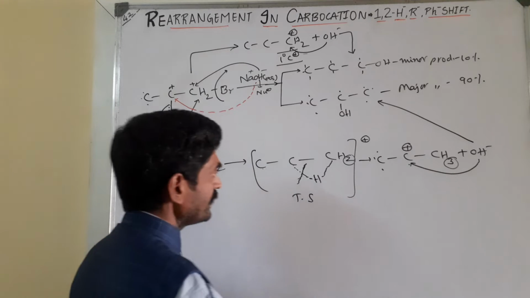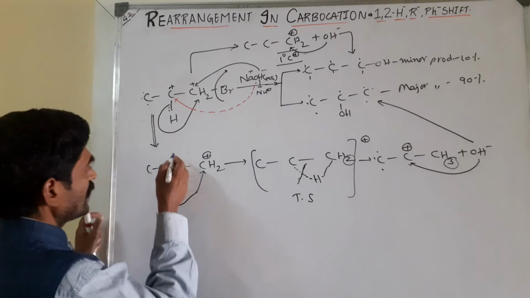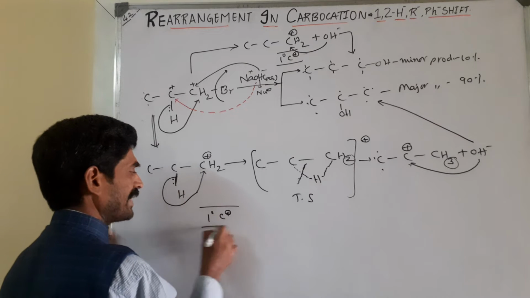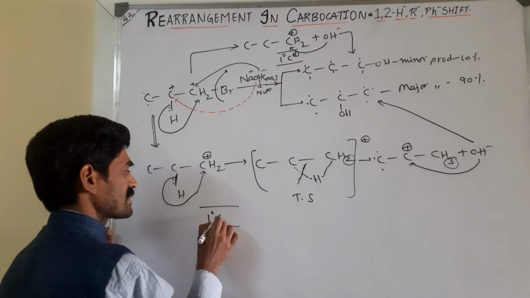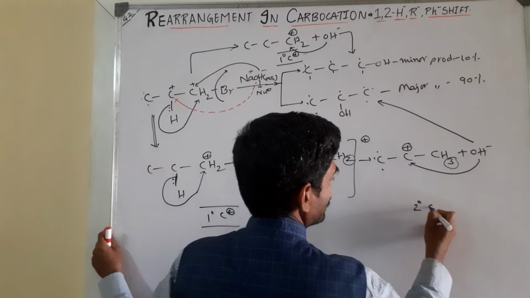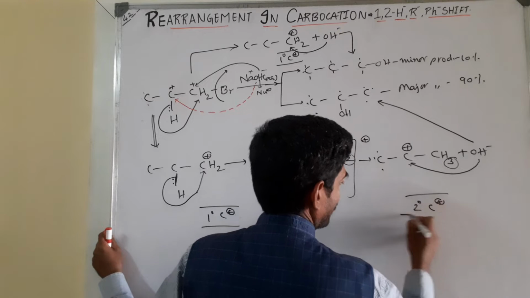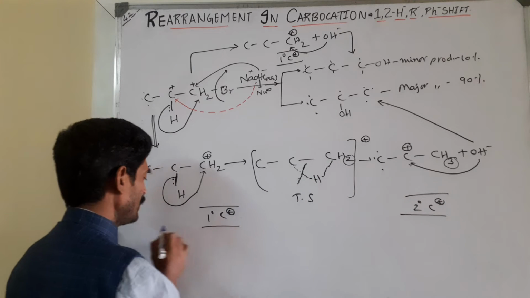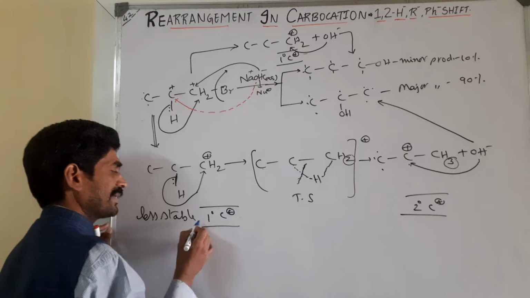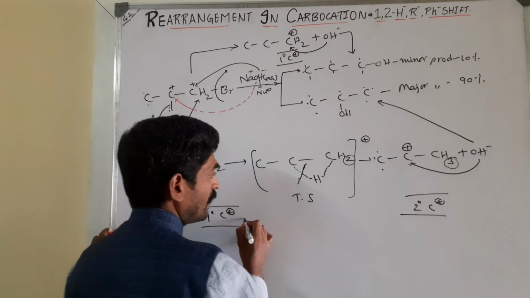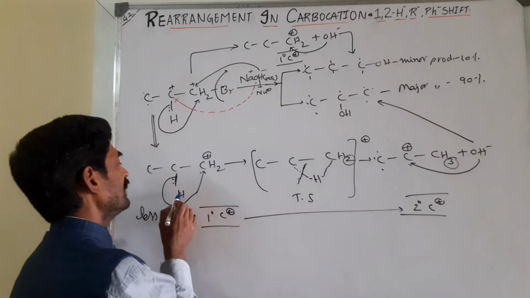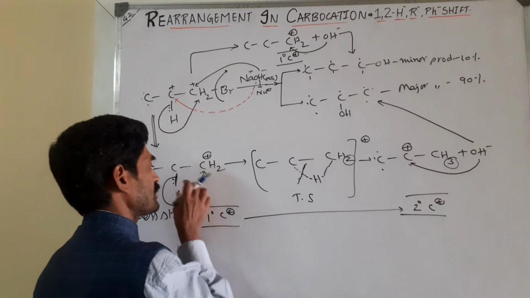Okay. Now here in this case, the carbocation formed is a primary carbocation. This less stable carbocation is becoming a secondary carbocation, right? That means the less stable primary carbocation undergoes rearrangement, that is called shifting. What shifts here? Hydrogen, as H minus, by taking electrons.